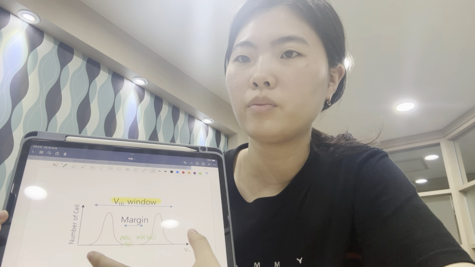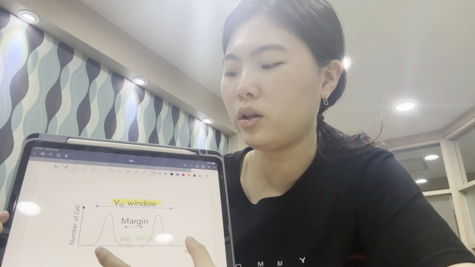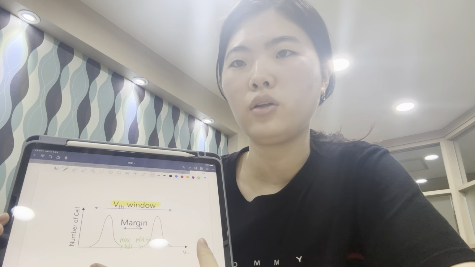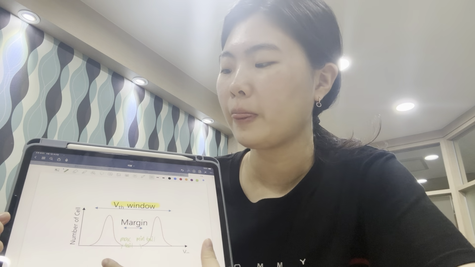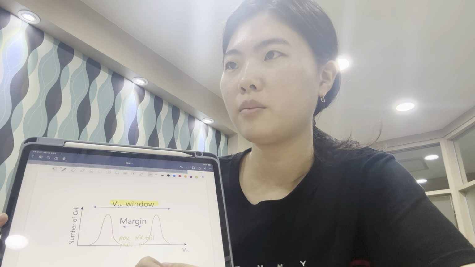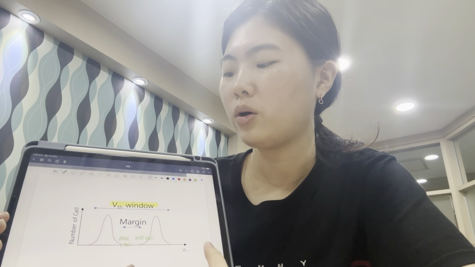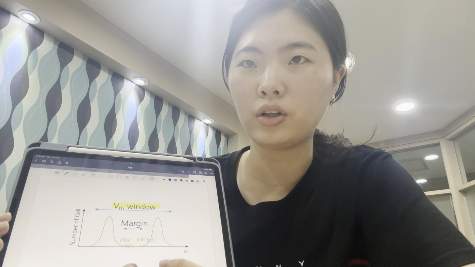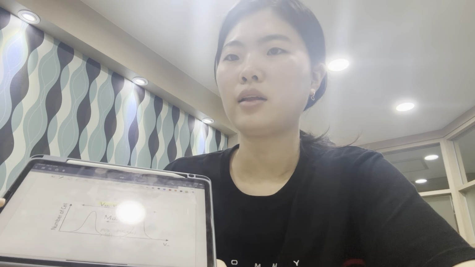We should make a bigger VT window here because we want to save more data. We should make a bigger VT window and a smaller margin on each side, and then we can save more data than before.